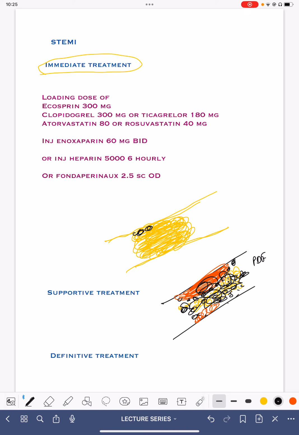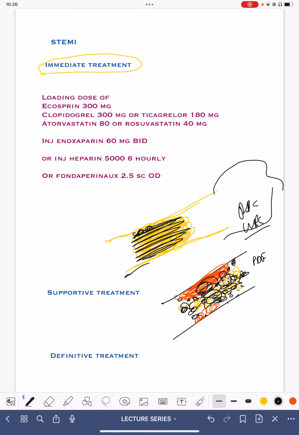So this clot is a heterogeneous thing where you have platelets, RBCs, WBCs, neutrophils, lymphocytes, fibrin, and so many things. If this clot persists, then definitely the myocardium which is supplied by this artery will get 100% damage.